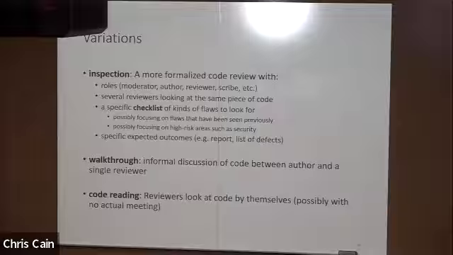So you may have multiple reviewers, and this is for especially critical portions of code that need to function and cannot have any defects in them whatsoever. You have a very specific checklist for the kinds of flaws to look out for, to make sure that every single reviewer is looking out for every single potential issue with this code.